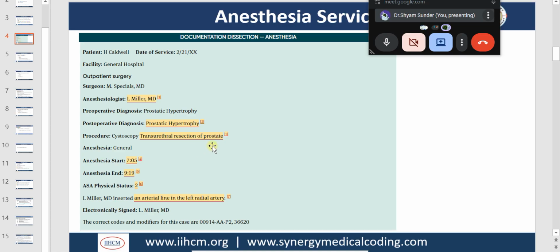So surgery is done on the prostate gland through cystoscopy. Based on this document, you'll apply the ICD diagnosis code, as well as you can give a code for surgery also, plus the anesthesia code.